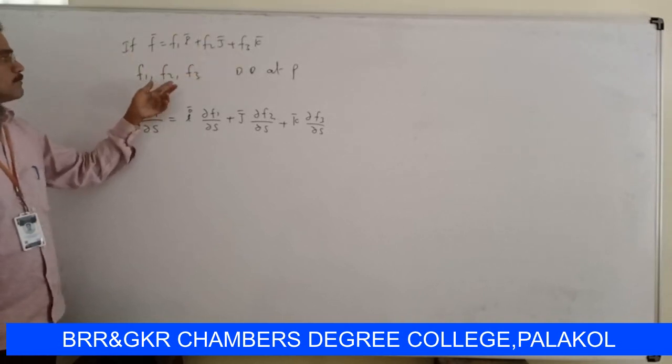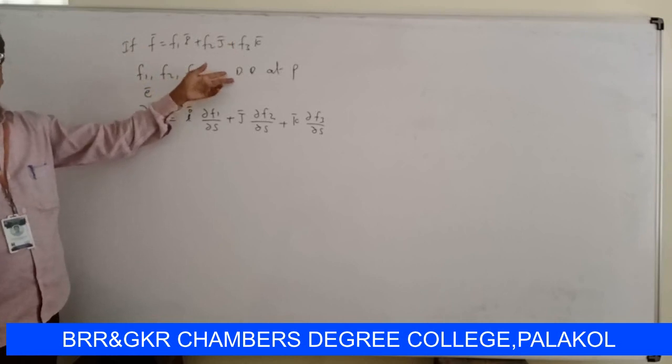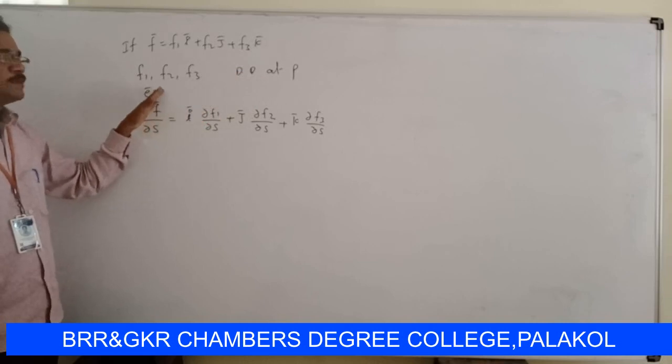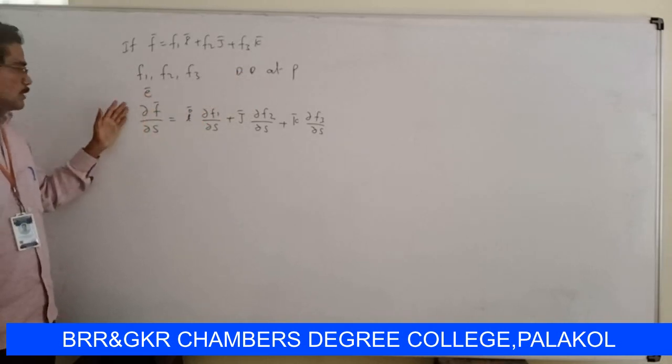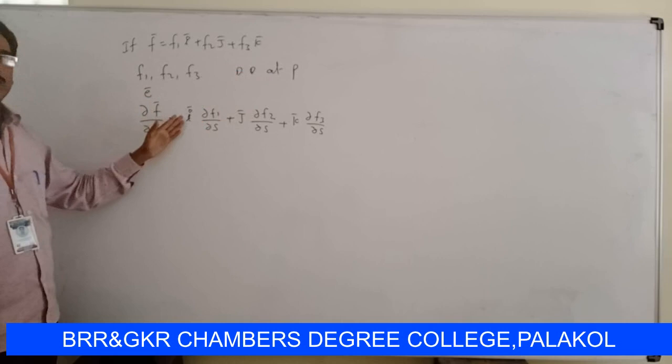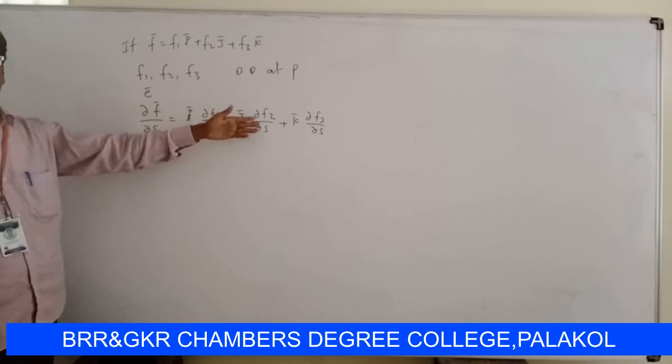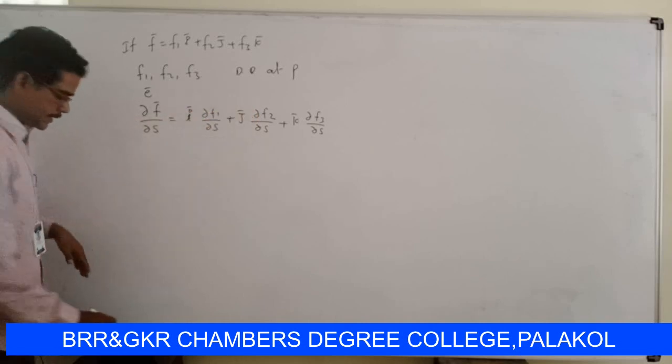Here f1, f2, f3 are having directional derivatives at P in the direction of e bar, then ∂f/∂s equals i ∂f1/∂s plus j ∂f2/∂s plus k ∂f3/∂s.